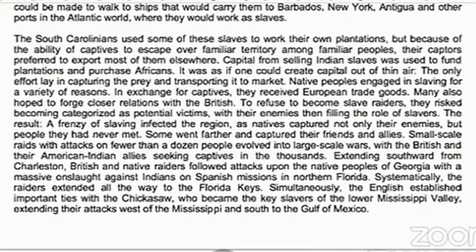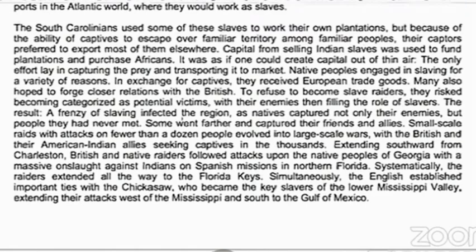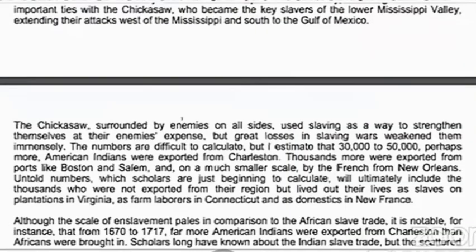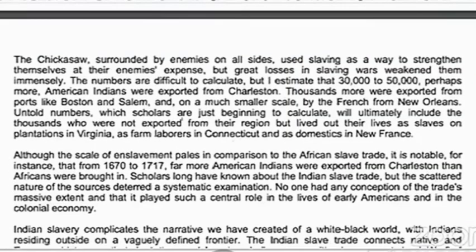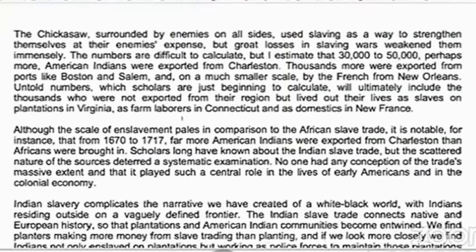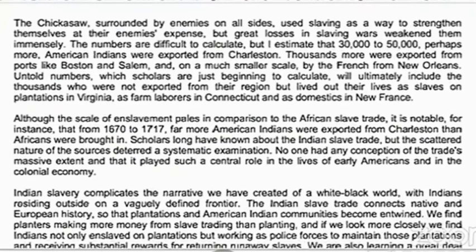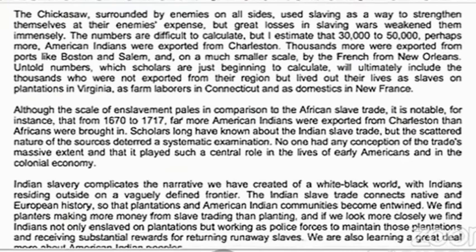Simultaneously, the English established important ties with the Chickasaw, who became the key slavers of the lower Mississippi Valley, extending their attacks west of the Mississippi and south to the Gulf of Mexico. The Chickasaw, surrounded by enemies on all sides, used slaving as a way to strengthen themselves at their enemies' expense. But great losses in slave wars weakened them immensely.